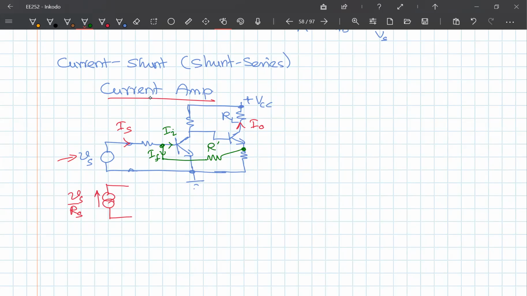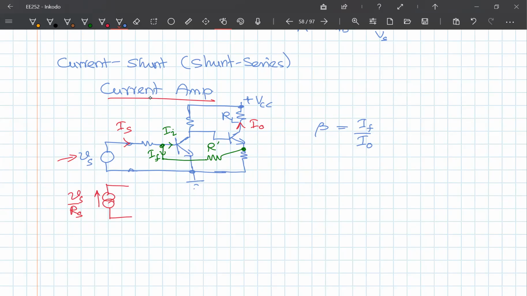Now, in order to find the beta value, how do you find it? We know beta can be written as IF over I out. Okay, what is I out? We know the current to that side. But what is IF?